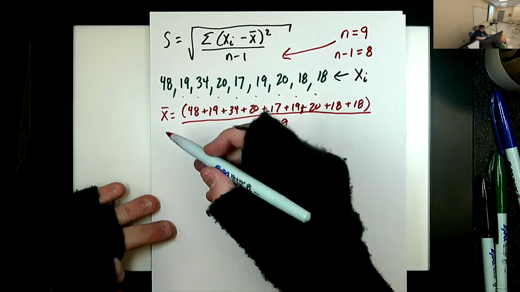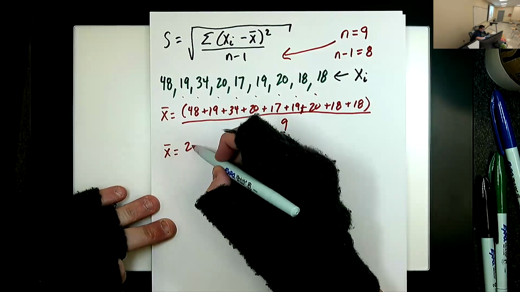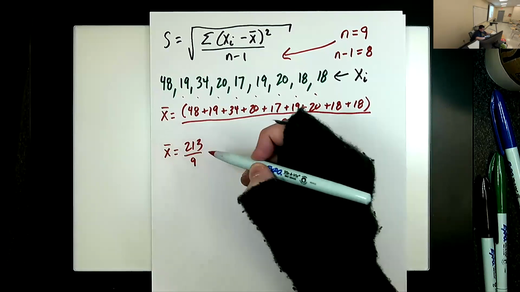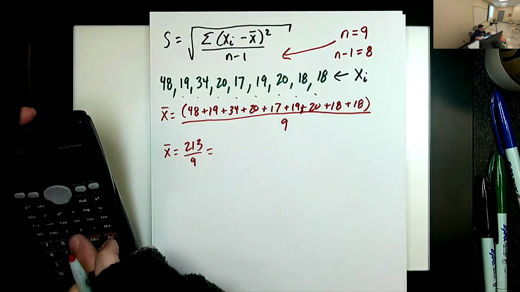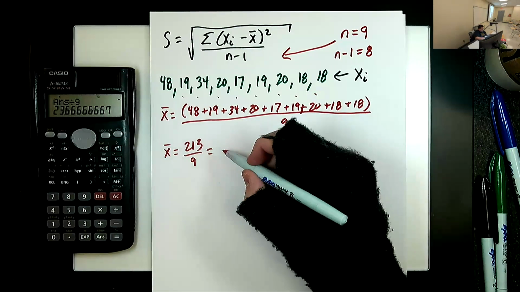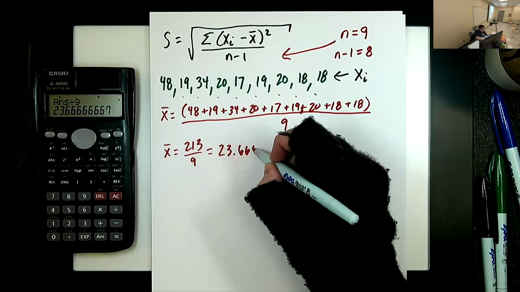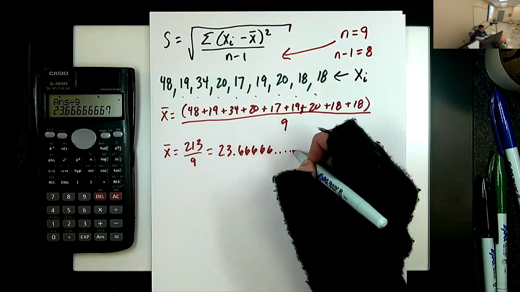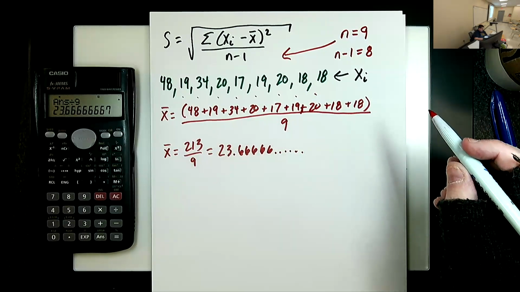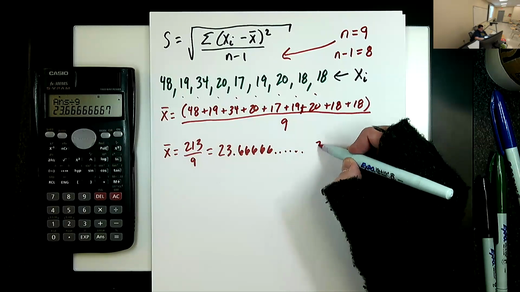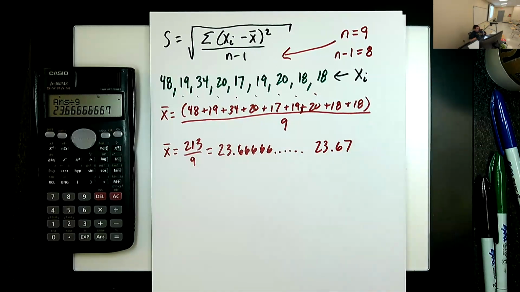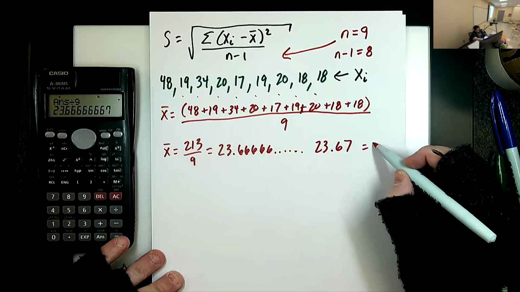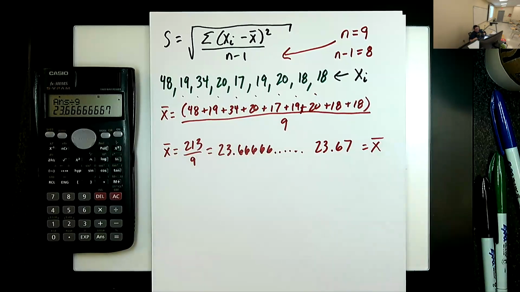So X bar is going to be 213 divided by 9, which is going to be a shitty decimal. 23.66666666. I'll do 23.67. We're going to use that for X bar. When we get to the end, we'll round to 1 decimal place. So here we'll do 2.